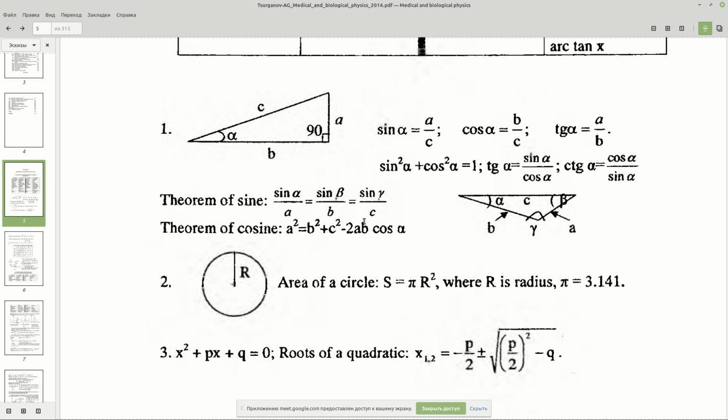Exactly this type of thing is what we use the tangent for: it will be the slope of our curvature or line, of our figures. And the relationship between them: sine squared of alpha plus cosine squared of alpha will be equal to 1.